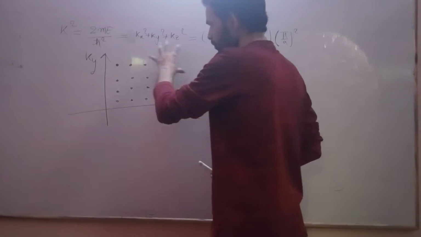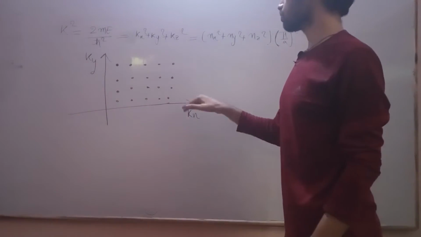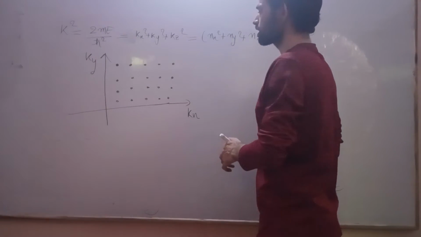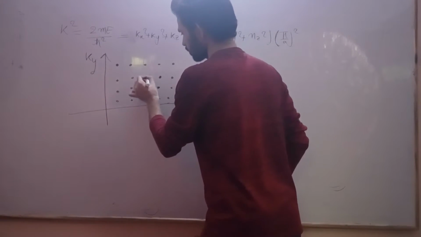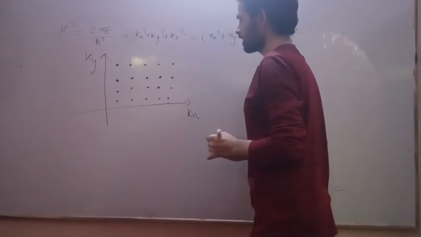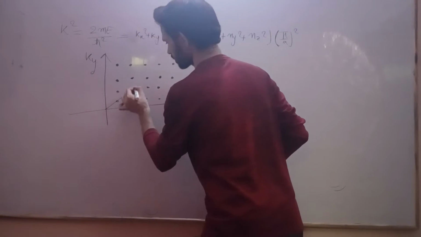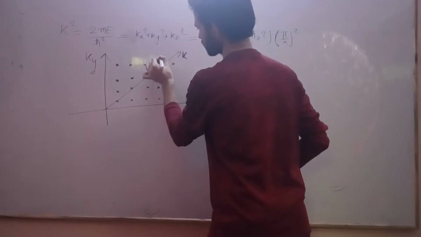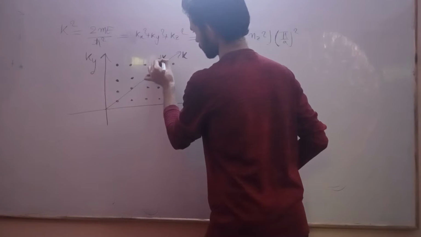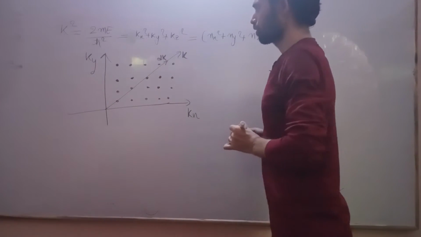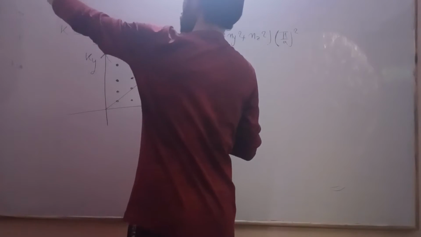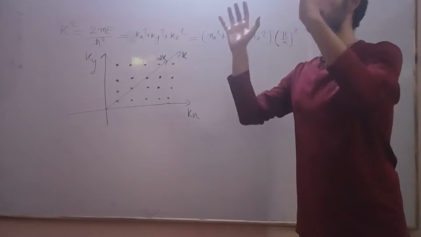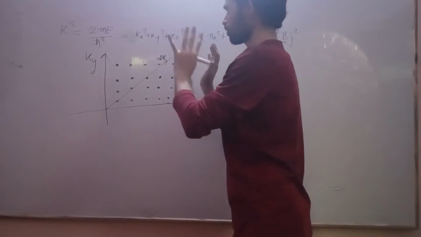Corresponding to the integer values of nx and ny. If we see here, this is my resultant vector in k space, and this is the differential k space distance. Remember, in the case of a sphere, the radius varies, meaning the size of the sphere will vary.